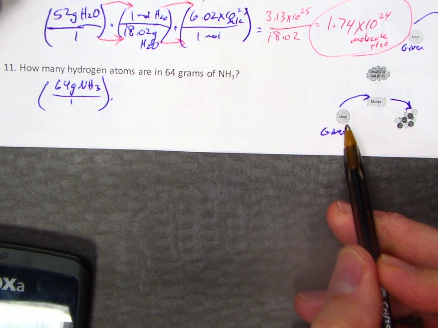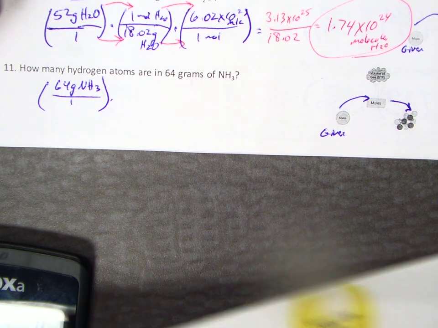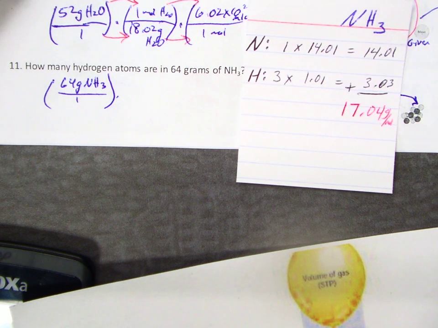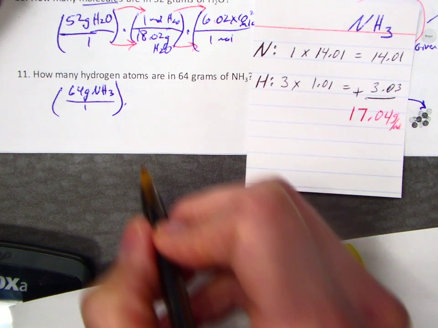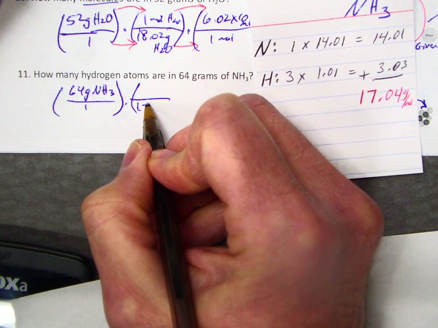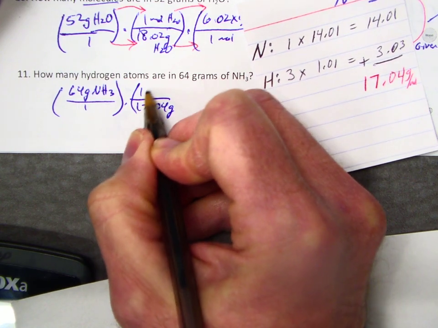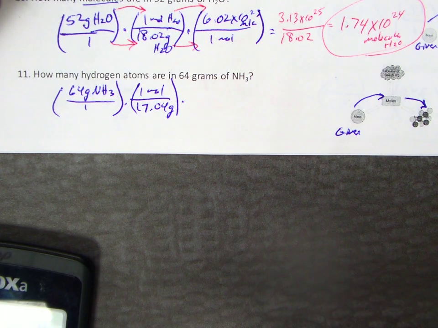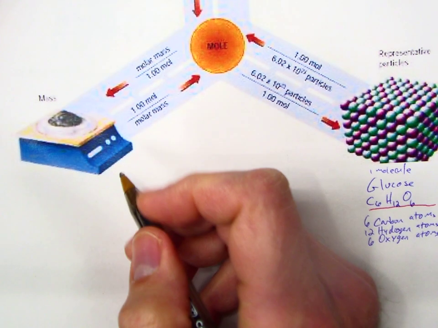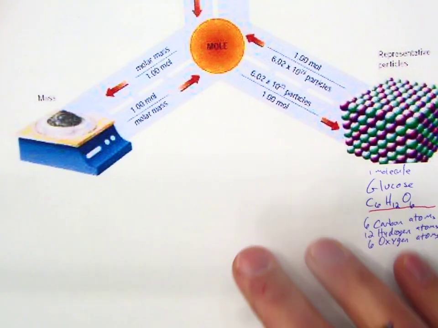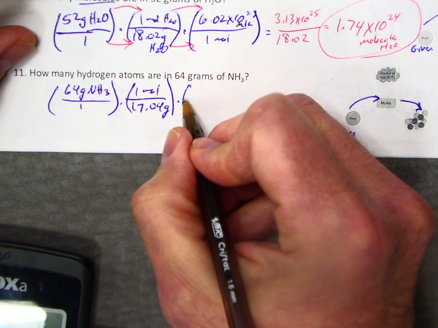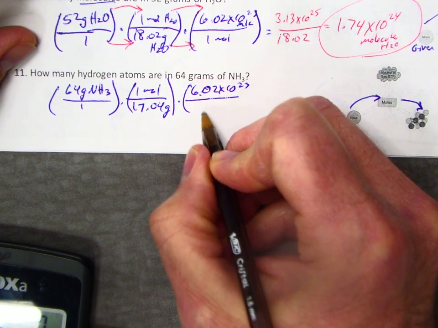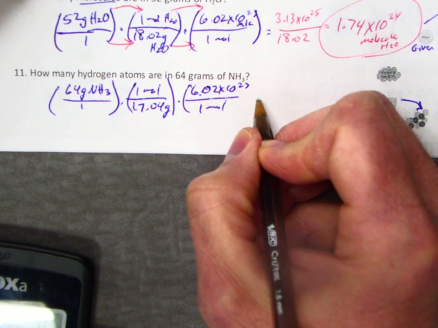Then we're going to take that into the number of moles. To do that, we need the molar mass. Molar mass of NH3 is 17.04. So you have 17.04 grams per mole. And then once we've gone from mass to moles, then moles to representative particles, now we use Avogadro's number, 6.02 times 10 to the 23 molecules per mole.